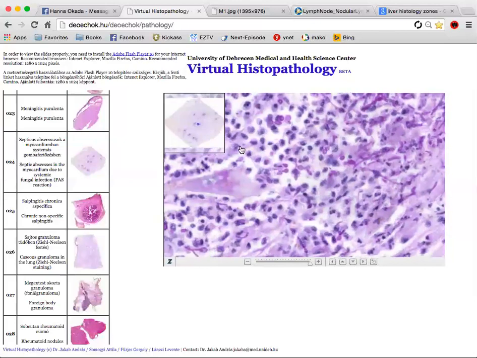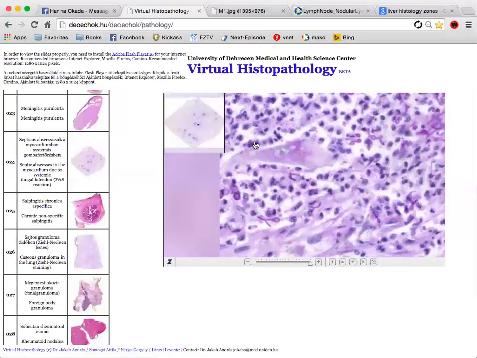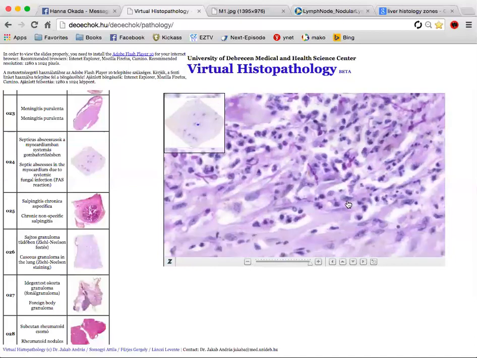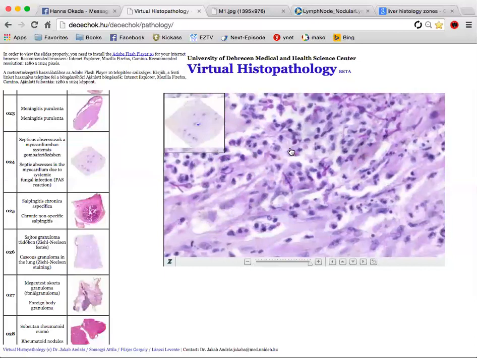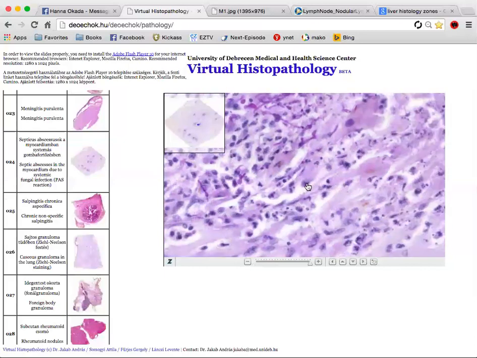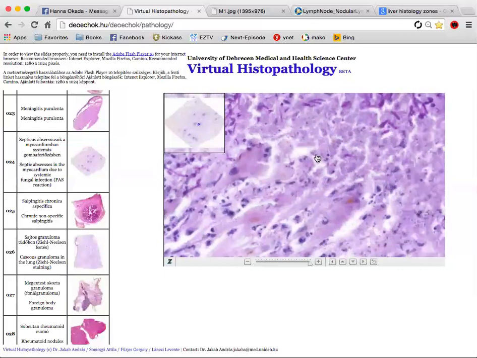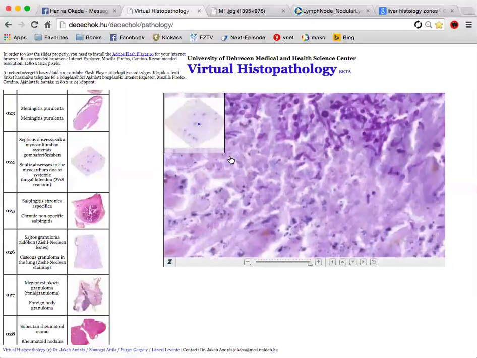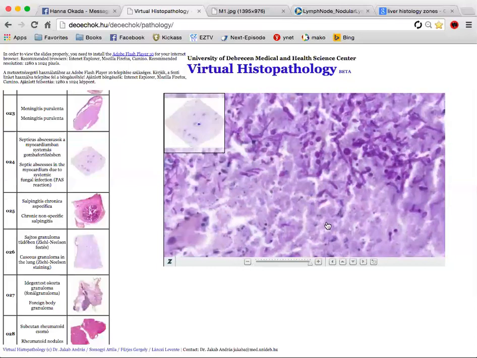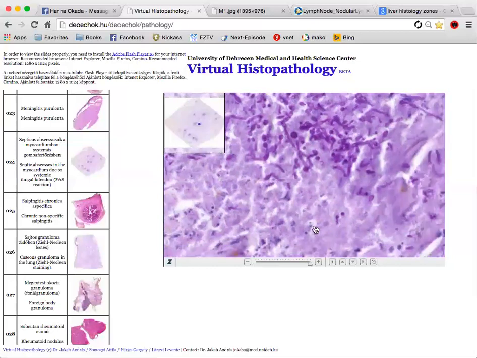You can see all of these nuclei belong to immune cells, and these are mainly polymorphonuclear cells, so mostly neutrophils. When you go more inside, you don't see the nuclear staining anymore. So this is all necrotic inside.